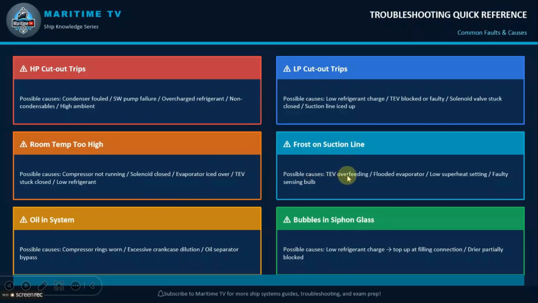Possible causes: thermal expansion valve overfeeding, flooded evaporator, low superheat setting, also faulty sensing bulb. So we have oil in system. Possible causes: compressor rings worn, excessive crankcase dilution, oil separator bypass. Bubbles in sight glass. Causes: low refrigerant charge, so top up at filling connection, dryer partially blocked.